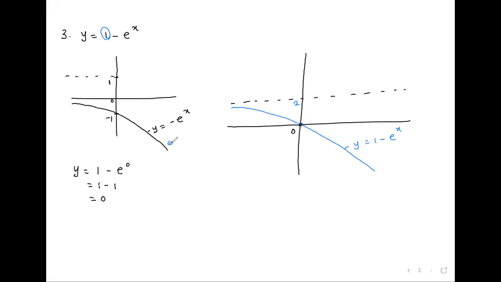Yes, -1 minus e to the power x. So the asymptote will be -1. And then the intercept will be -2. So it will come out like that.